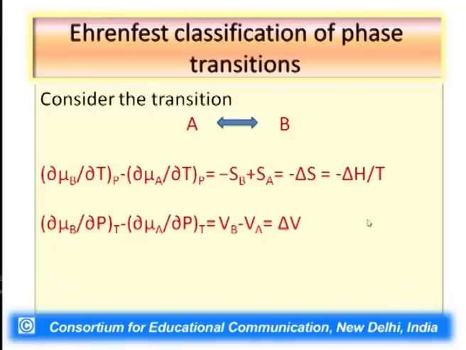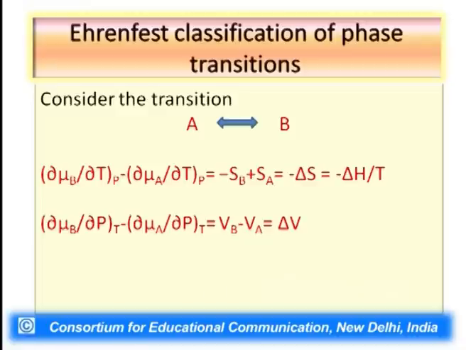So, therefore, in a nutshell we can say that those phase transitions which are accompanied by a change in molar entropy, molar enthalpy and molar volume, all these kinds of phase transitions are classified as first order phase transitions.